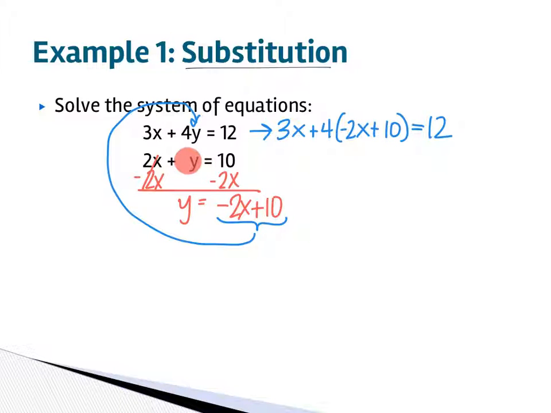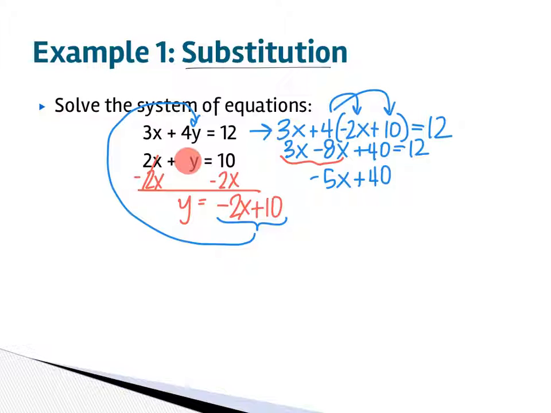And we're going to solve that equation in blue. So we're going to distribute the 4, and we get 3x minus 8x plus 40 equals 12. You have like terms there to combine. So that becomes negative 5x plus 40 equals 12. Subtract 40 from both sides.